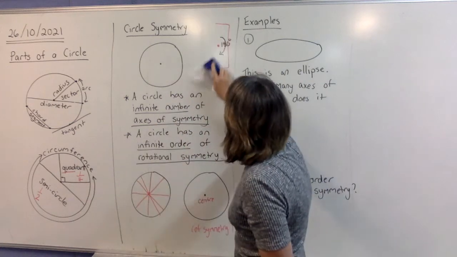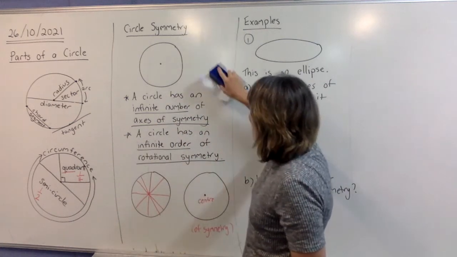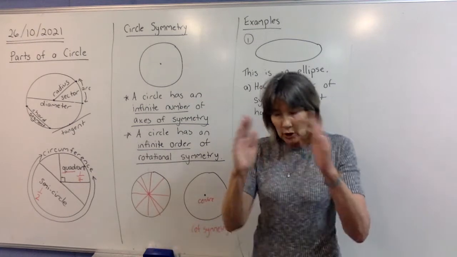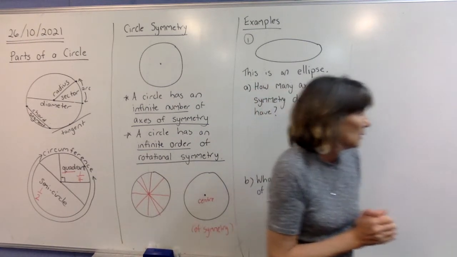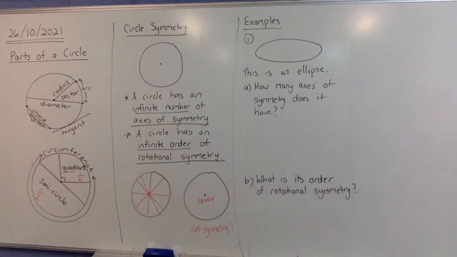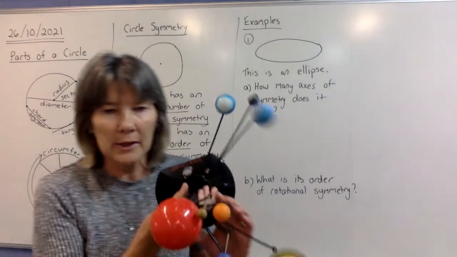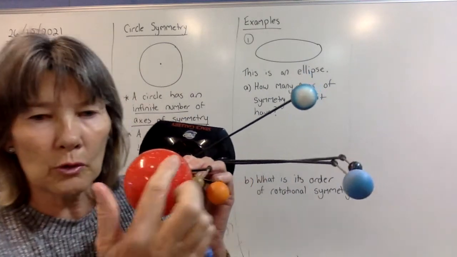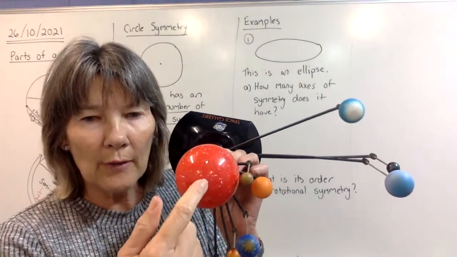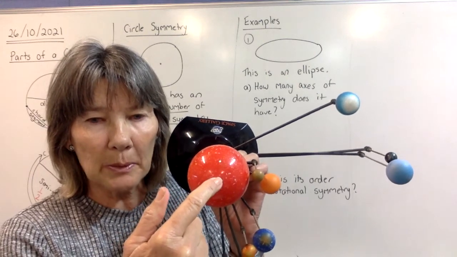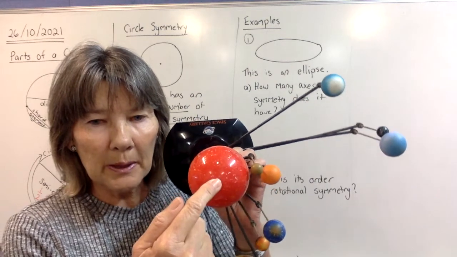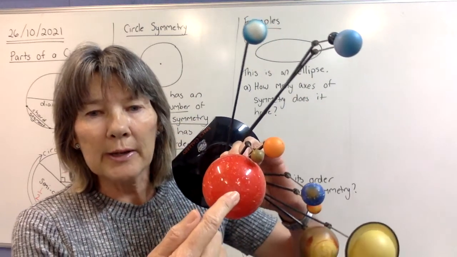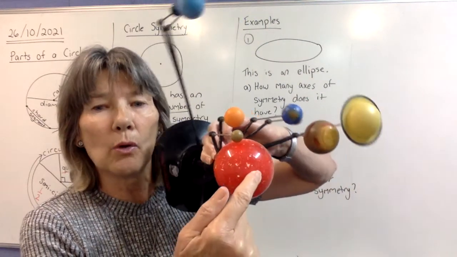But with a circle, we want to know when we have a circle. I'll have to just look at one of these ones, I think. All right, so just imagine that this is a two-dimensional circle that we have here. So if I've got that in the middle there and I start to spin, we're just looking at the red circle here at the front. If I start to spin it, my red circle looks the same all the time.